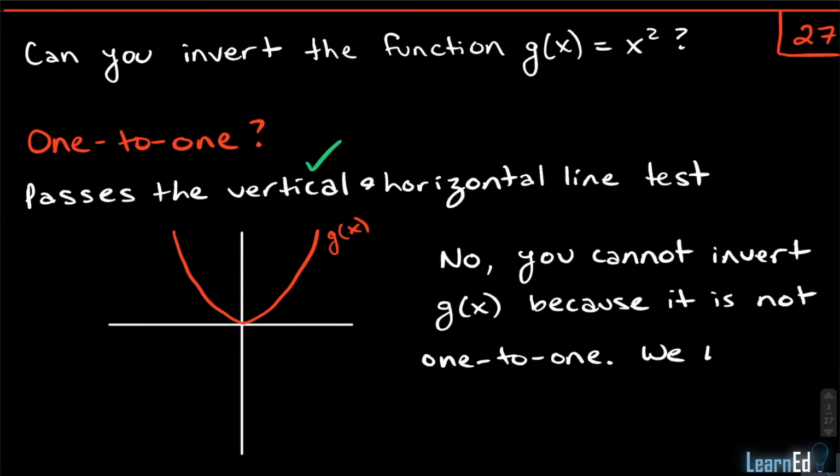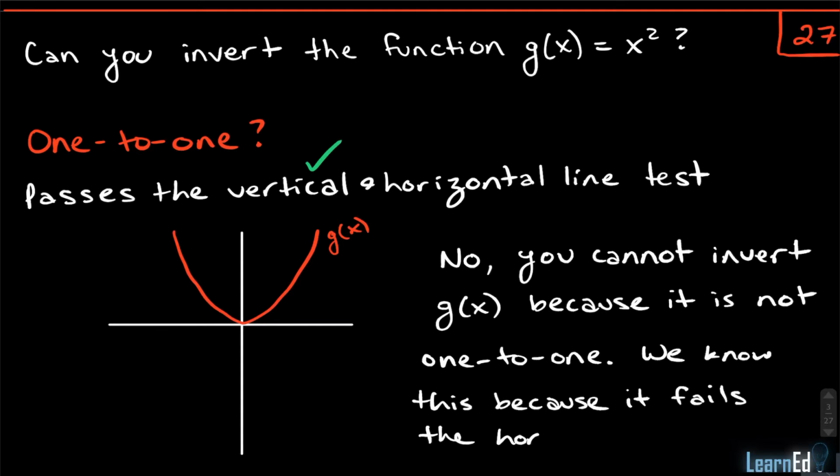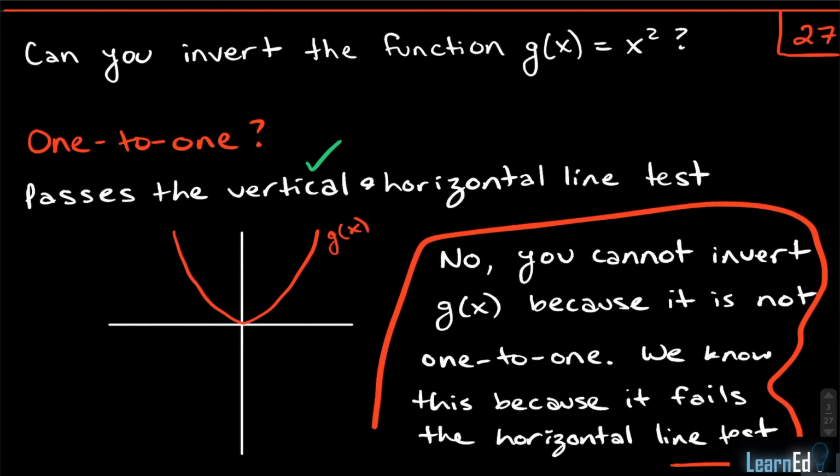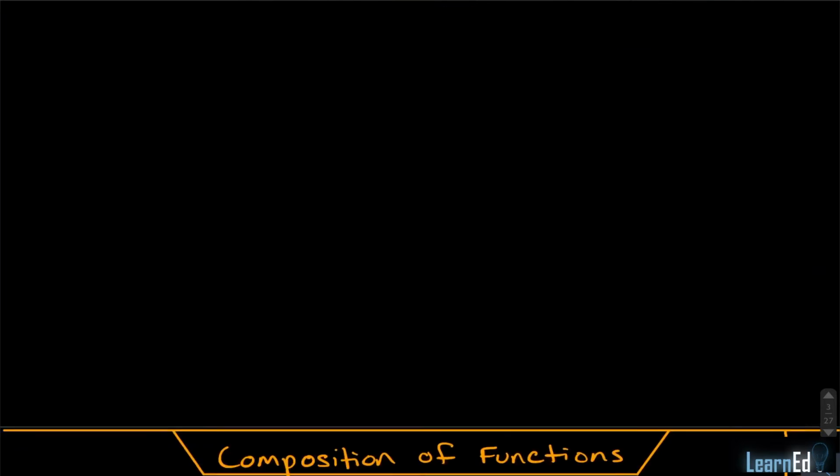If you want to add an additional explanation, we know this because it fails the horizontal line test. All right, and that is that. So problem 27 is complete.